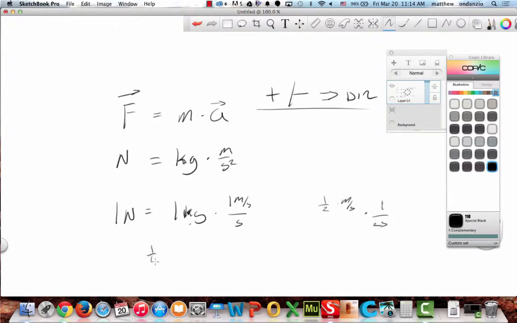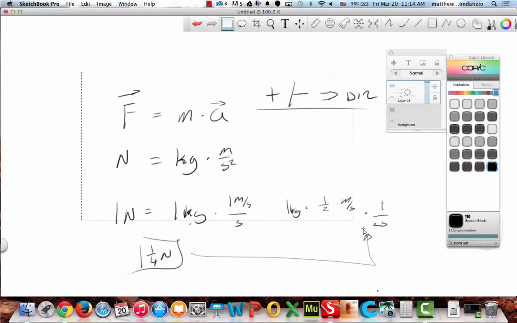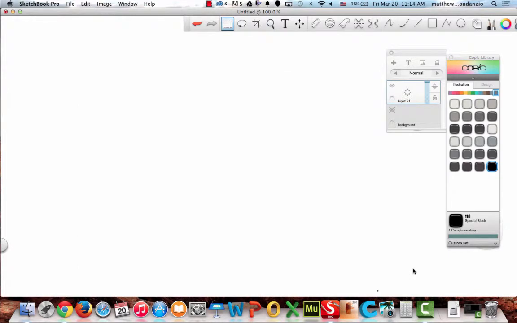So that's going to be 1/4 of a newton. It's just times 1 kilogram. Everyone see that? We're not talking about direction, we're just talking about the amount of force.